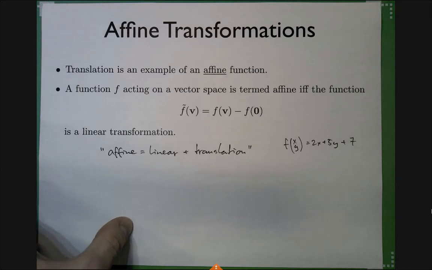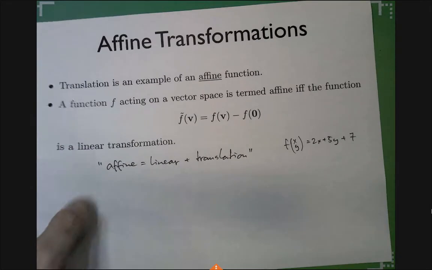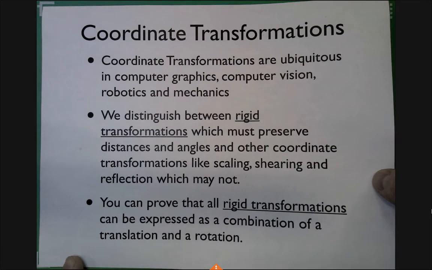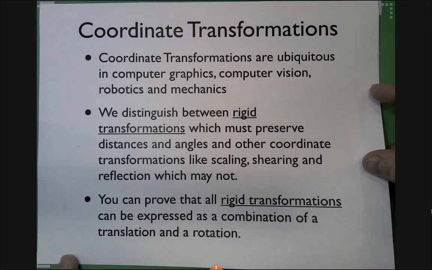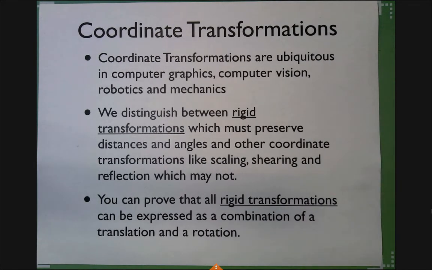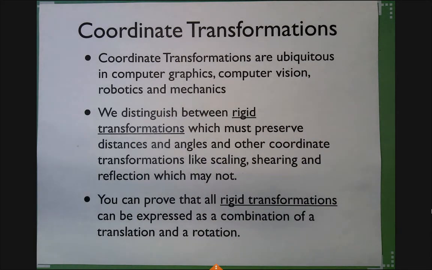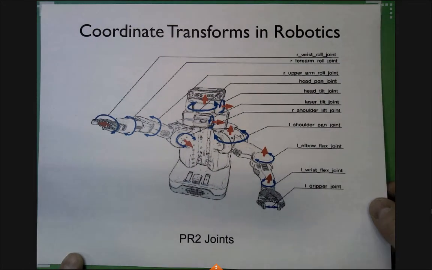Okay, so we are finally trying to get to coordinate transformations, which will be affine transformations, because they are very important, not just in graphics, but also in vision, robotics, mechanics. There is an example of how it matters in robotics. What is a robot, really?